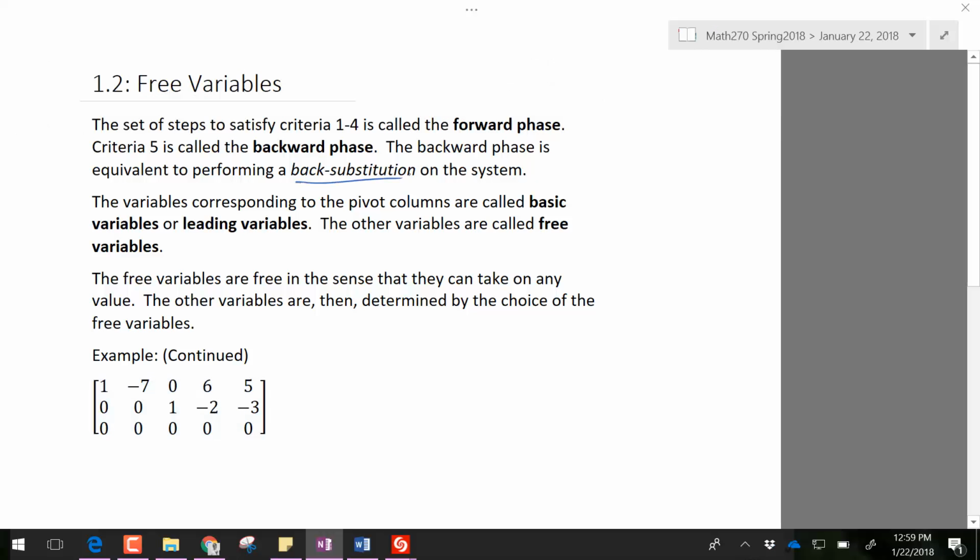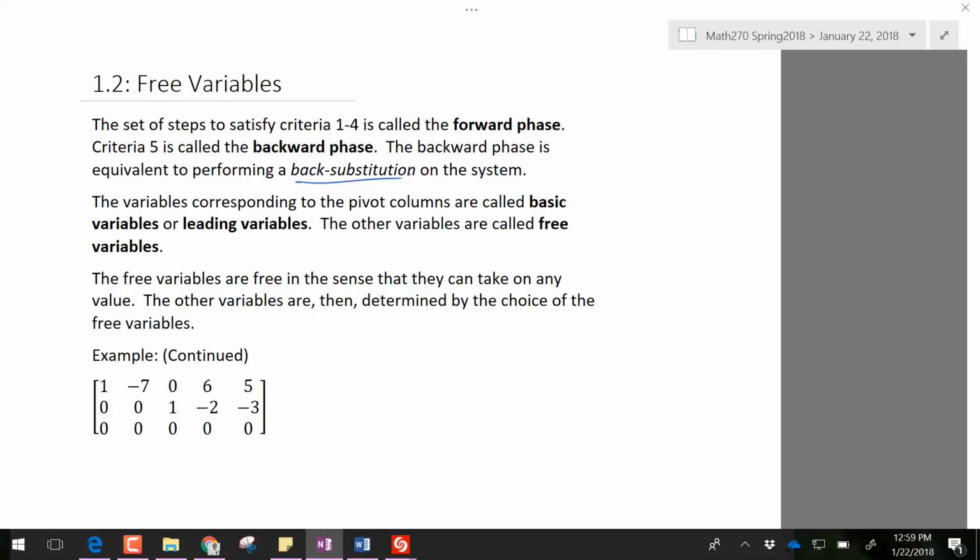The whole idea of back substitution is to actually solve for that linear system, and to solve for that, we need to set it back into the variable form into the system of linear equations. And the backwards phase is equivalent to performing a back substitution, and then that helps us solve for that system.